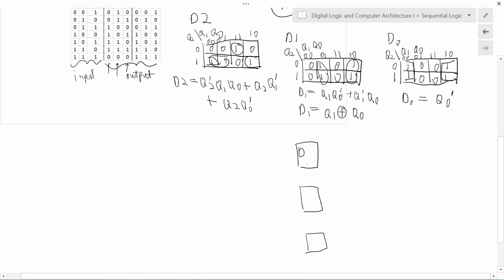We have D, clock. You can draw this with a triangle here. Q, Q prime, Q, Q prime, D, clock, Q, and Q prime.